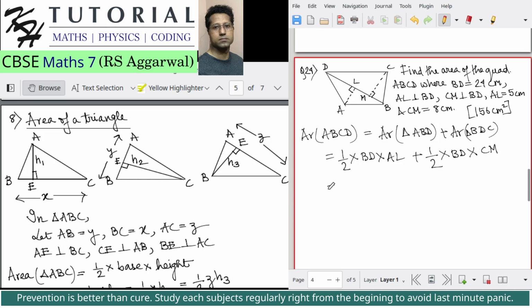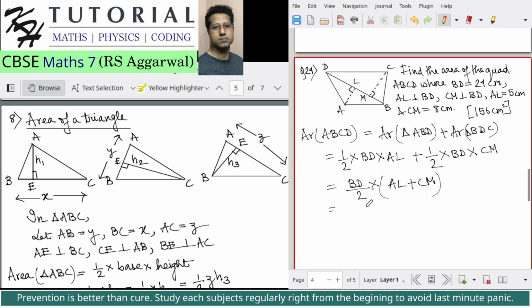Now if you do the addition, you will see we will have BD by 2 common. If I take out BD by 2 common from both these terms, this will be now AL plus CM. We know the length of BD, AL and CM, so we can easily find the area.